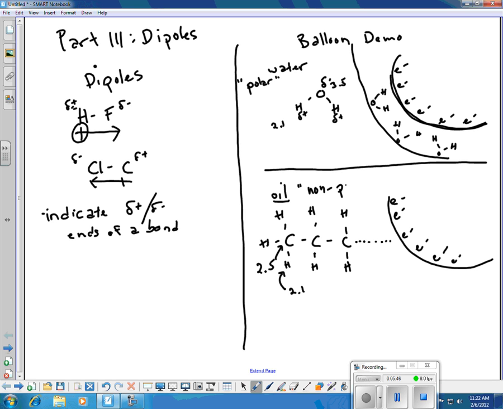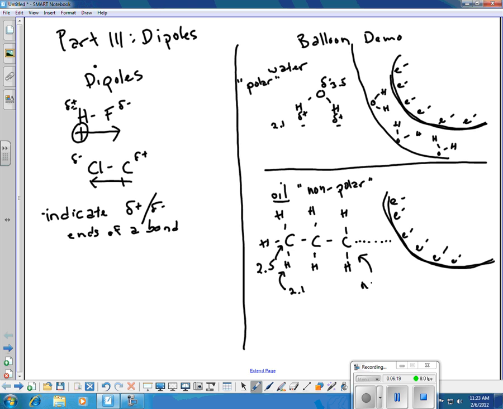And that ends up being a really important idea to explain the behavior that we saw, why these molecules didn't do anything. So again, think about it. If something is nonpolar, that means that we do not have a partial negative and partial positive end in our molecule like we did with our water. Oil doesn't act like a magnet, which means if we bring it close to a balloon filled with electrons, there's no attraction there. There's not going to be this opposites attract because the oil doesn't have any charges.